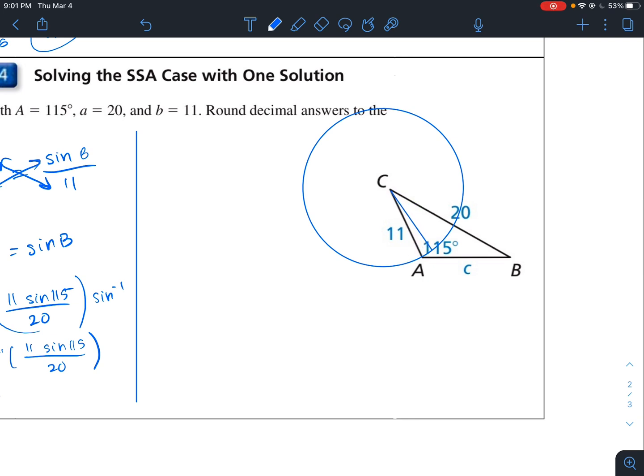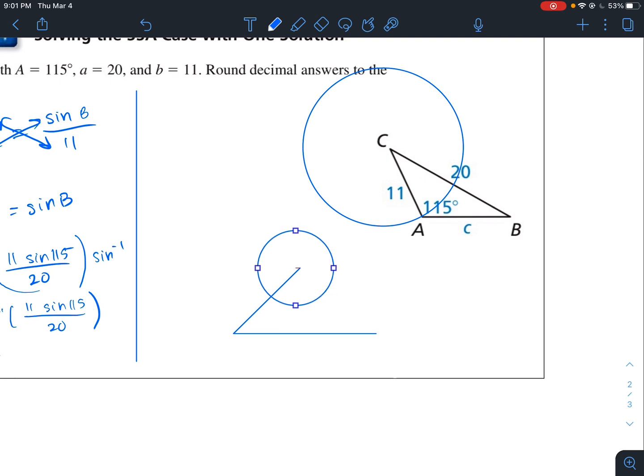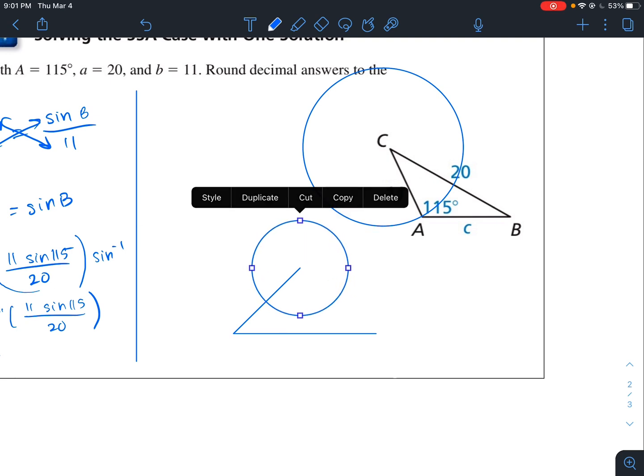However, there are other obtuse triangles that you could actually make more than one triangle with, and then there's even some triangles that you can't make any triangle with. So, for example, let's make an angle right here, and an angle right here. So let's say that I have a circle right here.